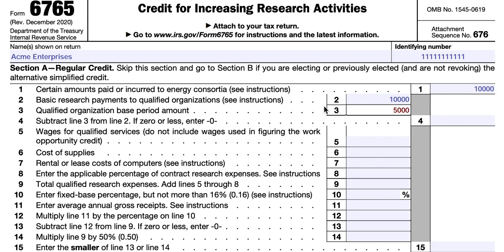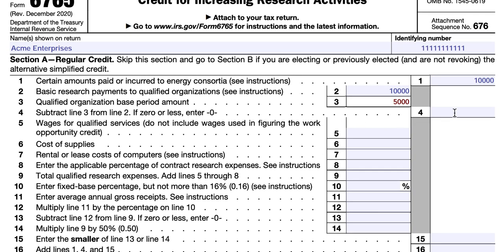And then there is a base amount, a qualified organization base amount, based on minimum basic research amounts, plus maintenance of efforts for the preceding three tax years. So in line 4, we're going to subtract line 3 from line 2, and we'll get $5,000.